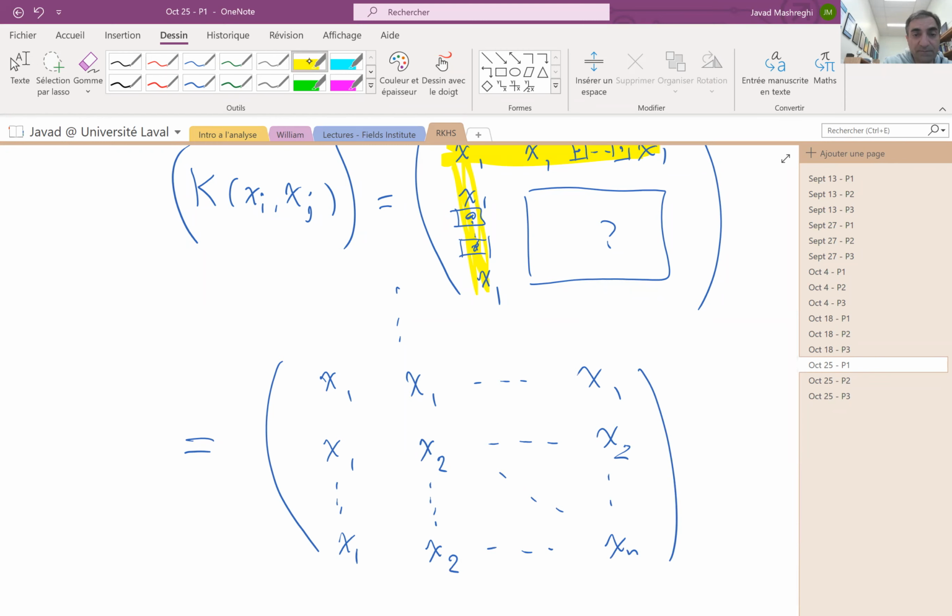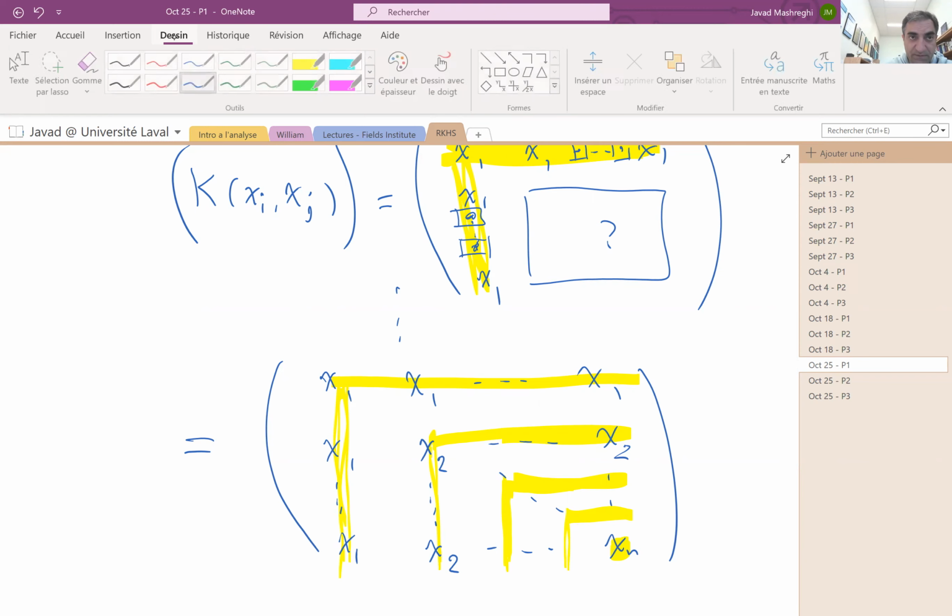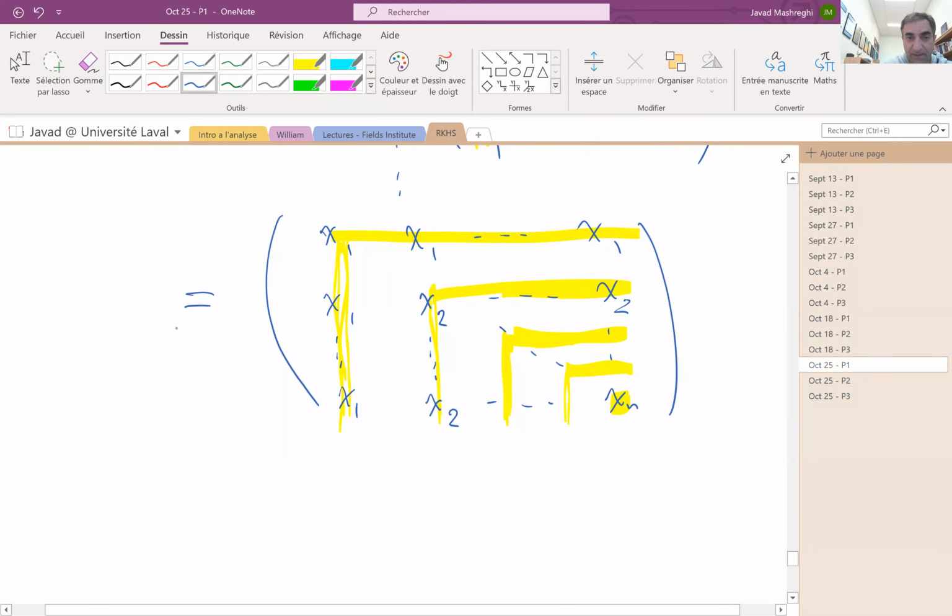In other words, this broken line is a constant. And finally, we have xn here. And this way, it's easier to show that we have a positive matrix, because you immediately see that if x1 is less than or equal to x2 less than or equal to xn, I can write this matrix as x1 times Jn.